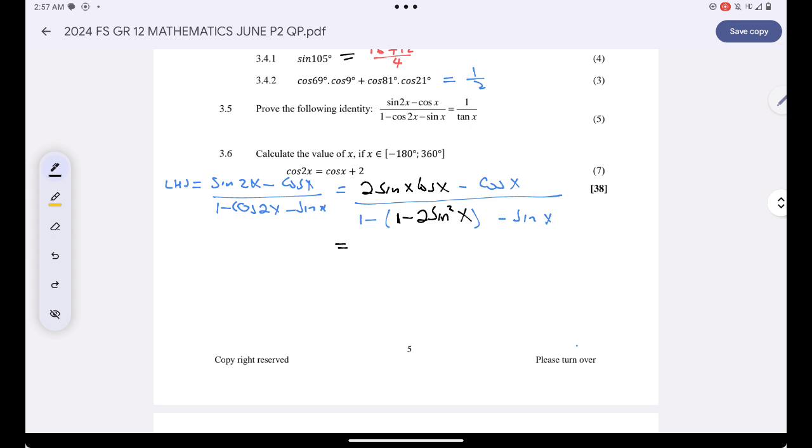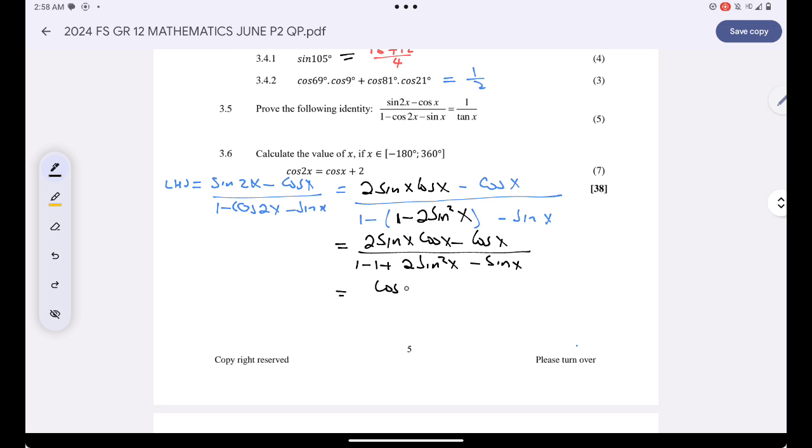And then I'll have 2 sine x cos x minus cos x over 1 minus 1 plus 2 sine squared x, which is equal to, minus sine x. There at the top I can take out a common factor.